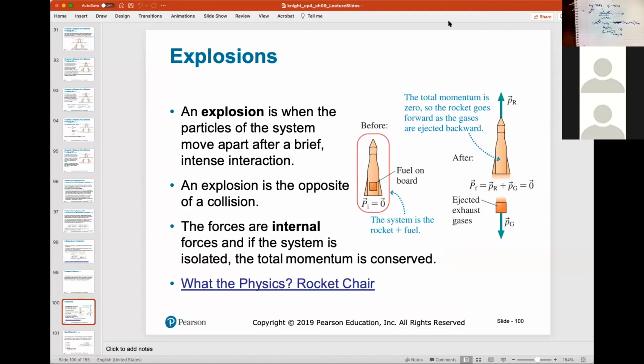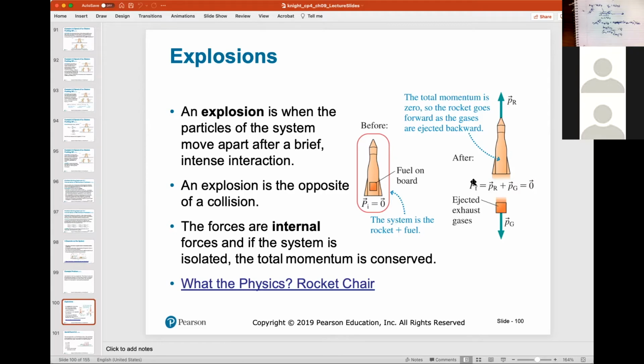So this happens when a rocket is taking off. Here we've got the momentum of the rocket, and we also have the momentum of the ejected material. This is our gas coming out of it, right? This is how all rockets work. You start off and the momentum of the rocket is 0.